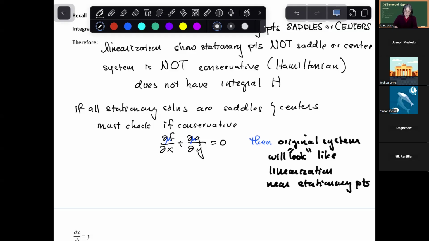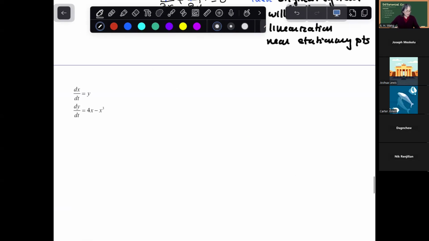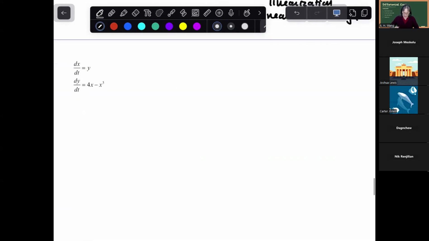Okay, so we're ready to do a specific example. Let's go back and do this guy again. We did it last time. This was Hamiltonian, but we're going to do it from a different point of view.